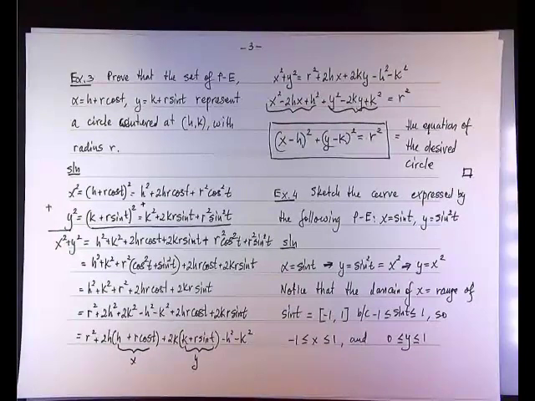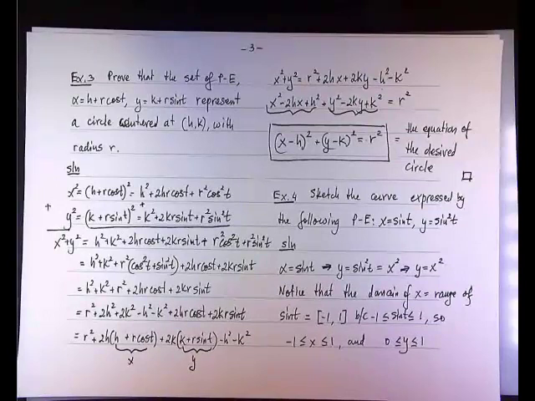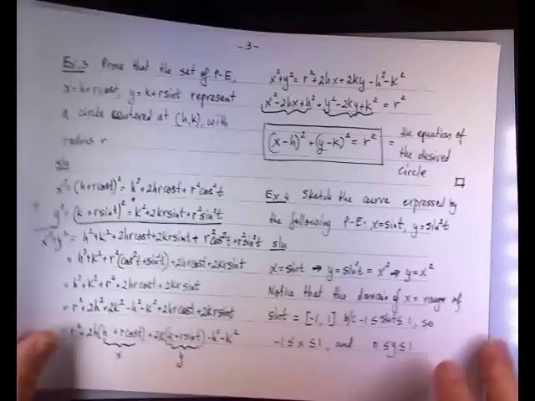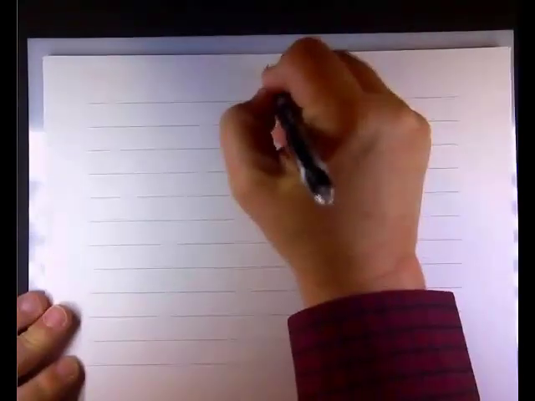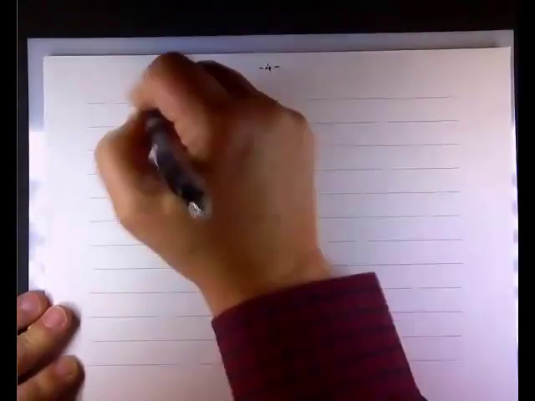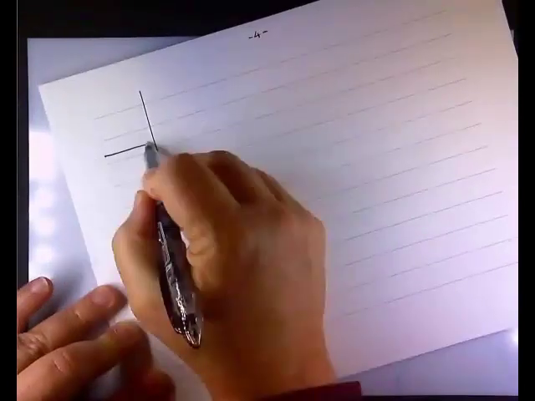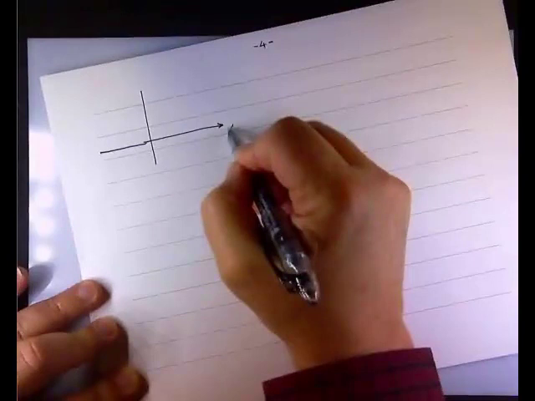So this is not your run-of-the-mill quadratic function y equals x squared. It's limited, it's bounded by -1 to 1 on the x side and 0 to 1 on the y side. So what really happened is the following. If x is bounded by -1 to 1, the parabola y equals x squared is now the following.